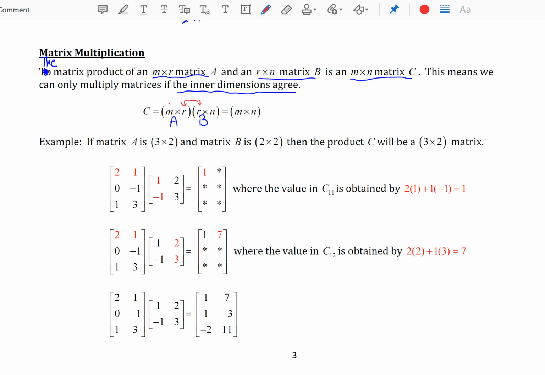Then the outside dimensions, these are what tells you the size of the product. That matrix C will be an M by N matrix when we're done. For example, if matrix A is a 3 by 2 matrix and matrix B is a 2 by 2 matrix, then matrix C will have to be a 3 by 2.